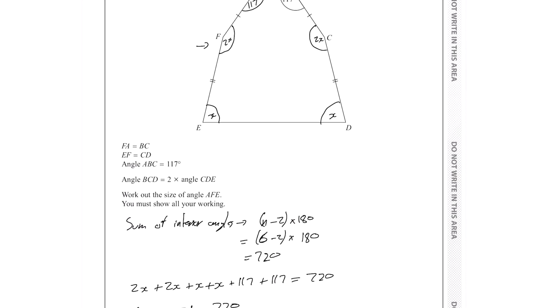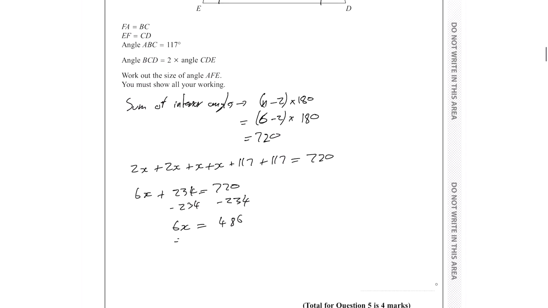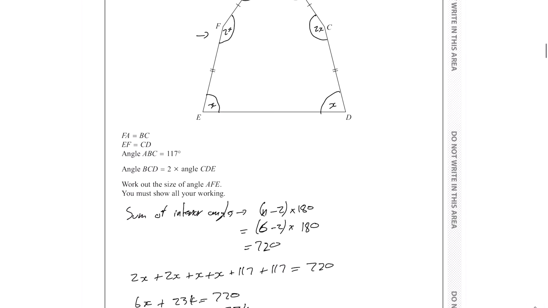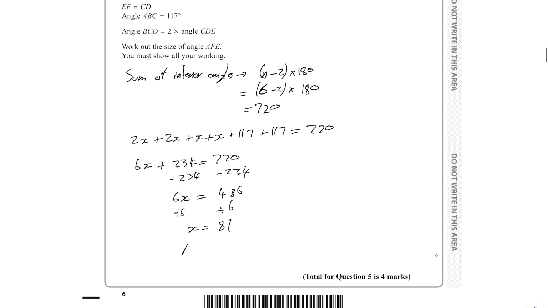If I subtract 234 from each side, I get 6x is equal to 486. And if I divide each side by 6, I can work out what x is, and that comes to 81. But now bear in mind, for the question it asked for AFE, and AFE is 2x, so AFE is 2 times 81, which is 162.